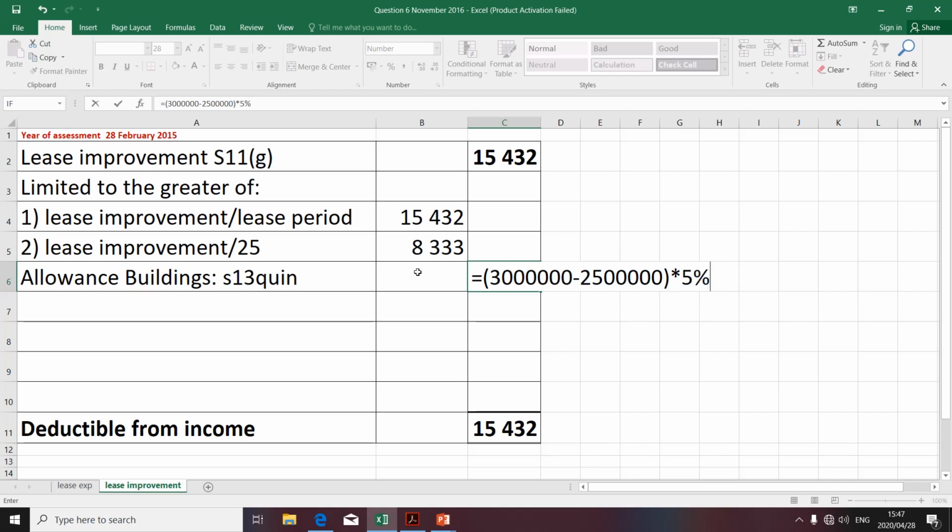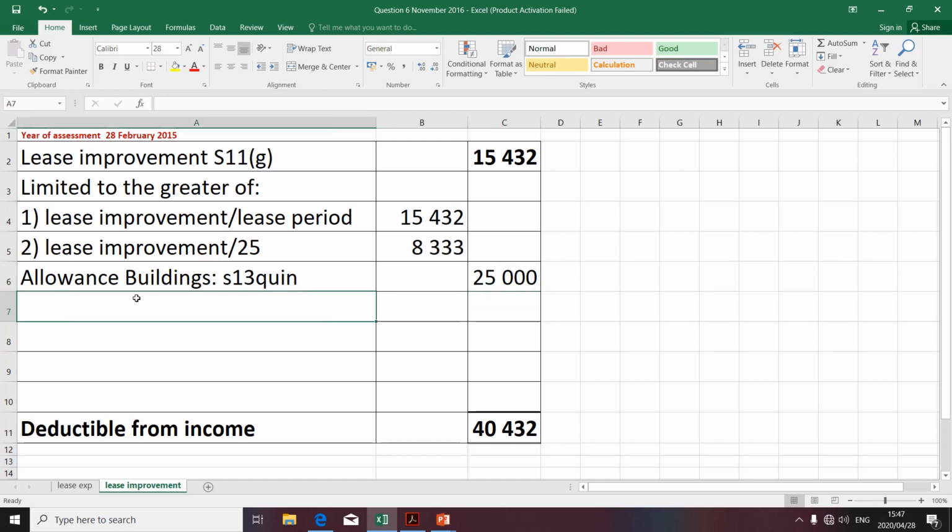You'll realize that for section 11G, we did apportion that amount, but in terms of section 13 quin, we do not apportion this amount. What this means is, even if the building was used for 1 month in the current year of assessment, the taxpayer will receive the full allowance. This allowance is never apportioned. There you go.